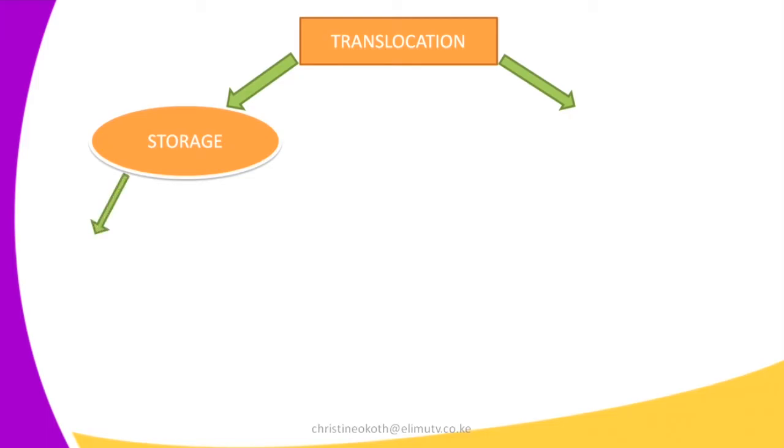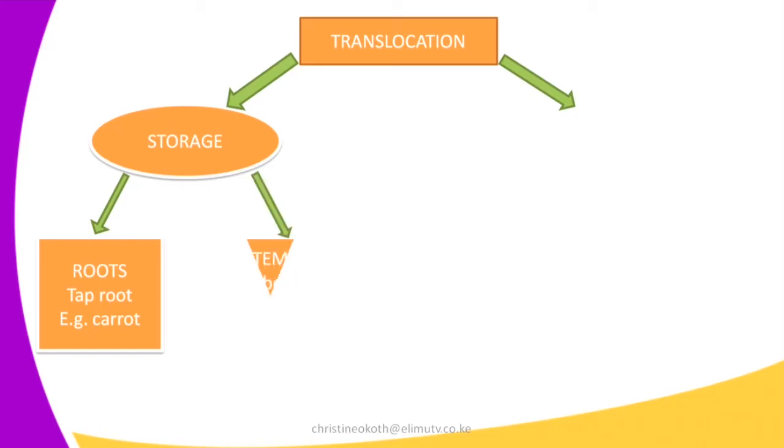So for example, if you make the organic material, let's say in the process of photosynthesis, the products which are made, which are the carbohydrates or the sugars, can be stored in the roots as the taproot. For example, carrots use the roots to store the material.